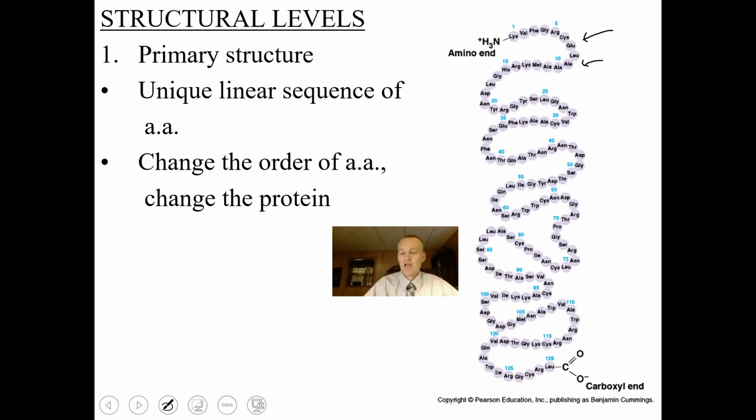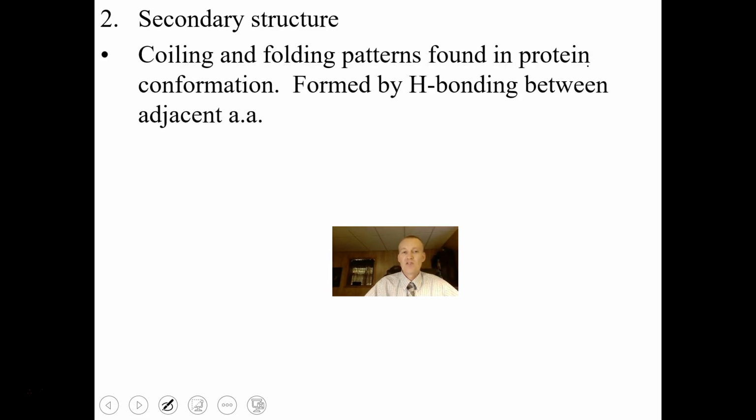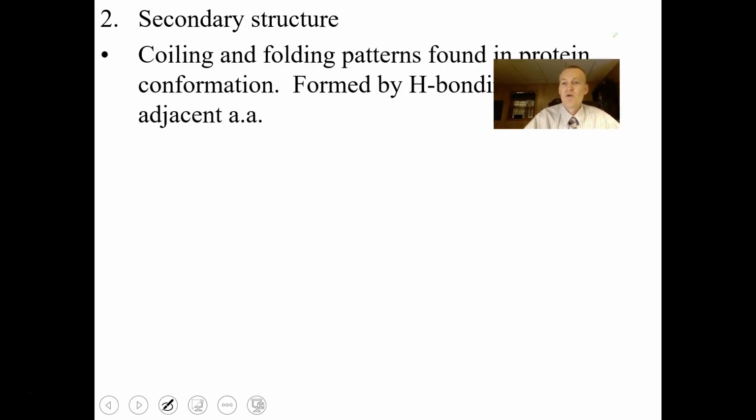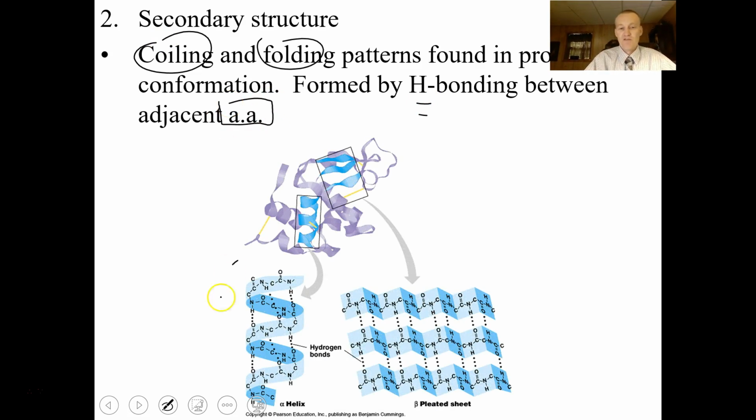Okay, but proteins are more than just a primary level of structure. Proteins also have secondary structure, and this is where the protein, because of the amino acids that are in them, can actually form folds and coils. And it's because of hydrogen bonding between adjacent amino acids. And so we can form coils or tubes, and we can form sheets.